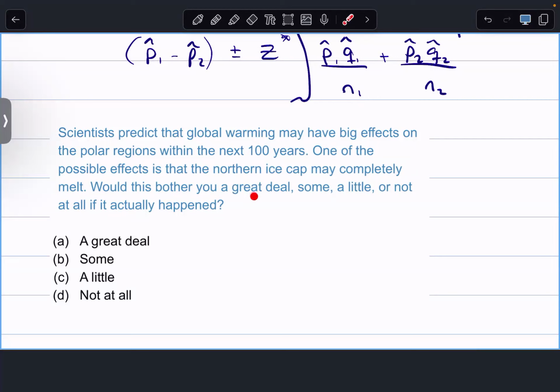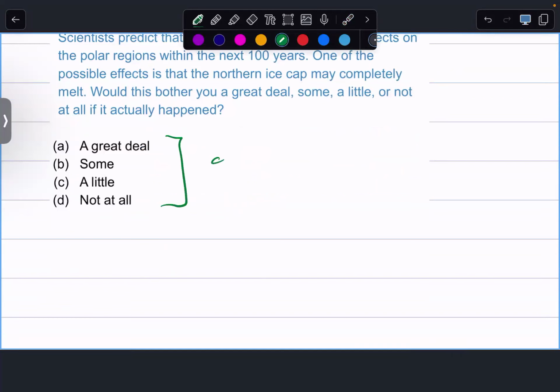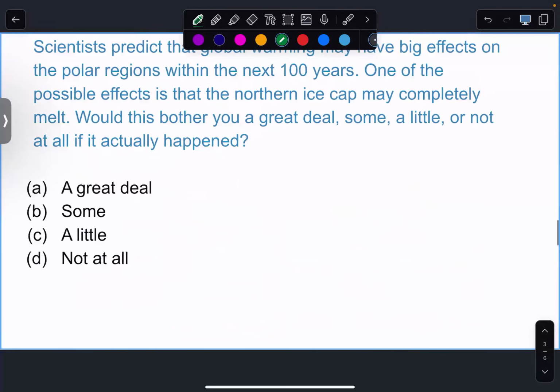Would this bother you a great deal, some, a little, or not at all if it actually happened? And so here are the responses. This is categorical data, right? Each observation is going to select one of these options.